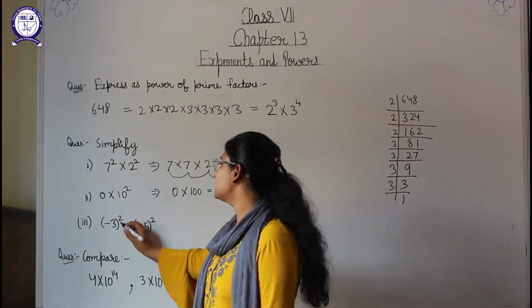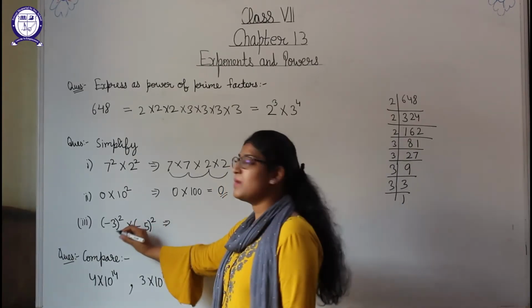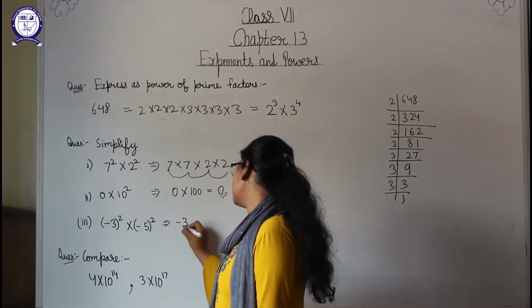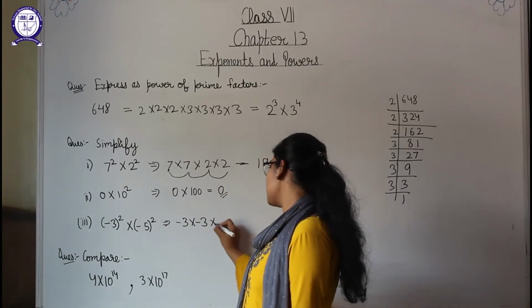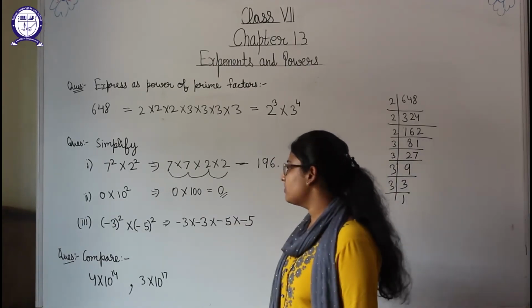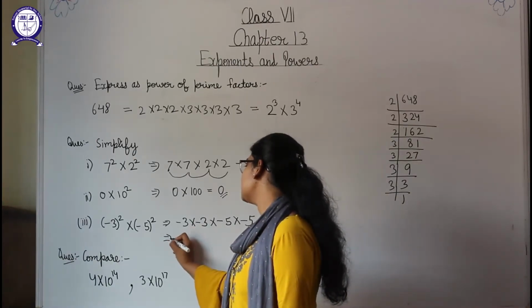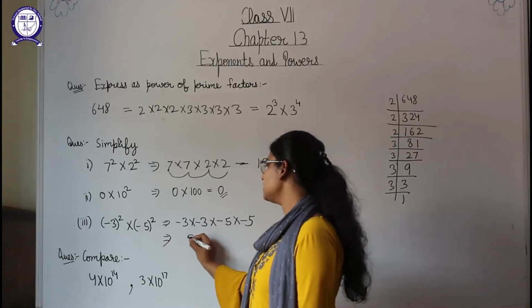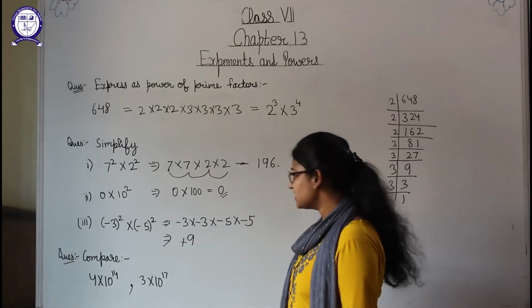Now minus 3 square into minus 5 square, so what will we write here? Minus 3 square means minus 3 into minus 3, 2 times, and minus 5 square is minus 5 into minus 5, 2 times. Okay, so we will start solving. Minus 3 into minus 3 is 9, because 3 threes are 9 and minus minus gives a positive answer.